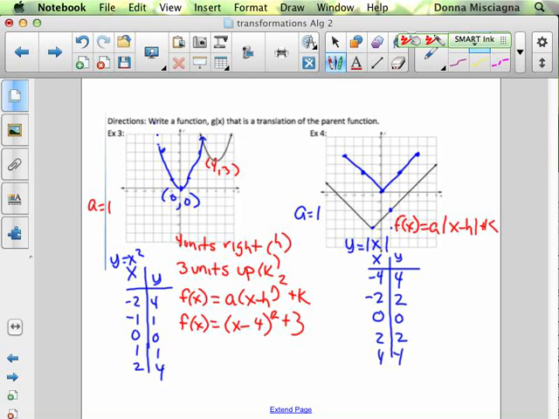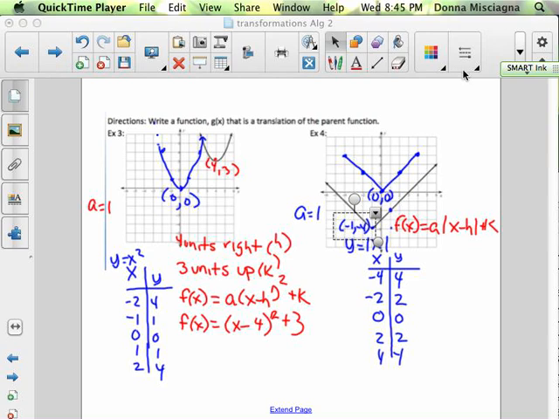All right, so this point here on the parent graph is 0, 0. The same point on the other graph is -1, -4. All right, so the graph has moved, where am I going to write? Actually, let me make this in red.